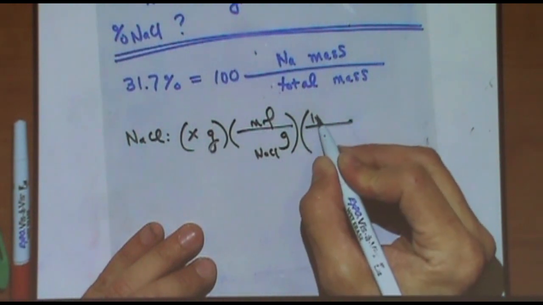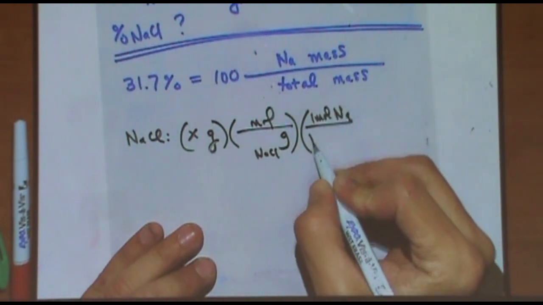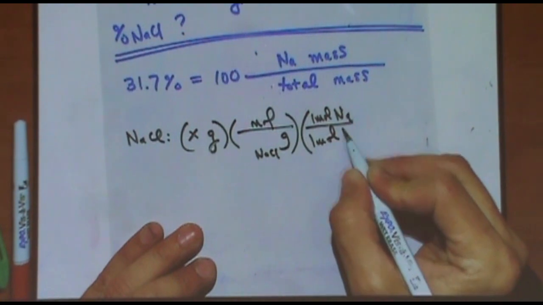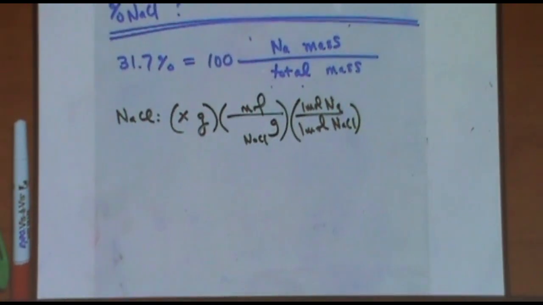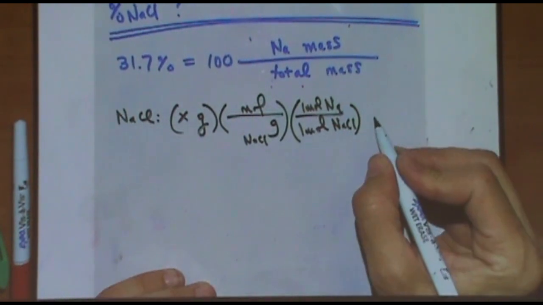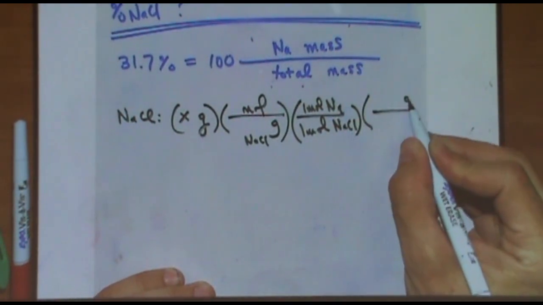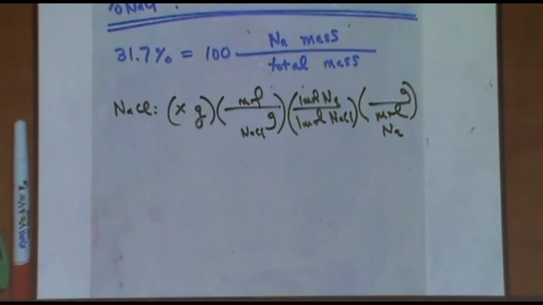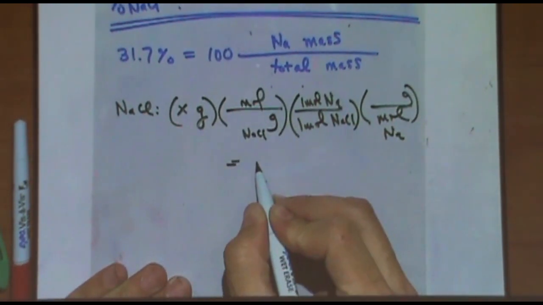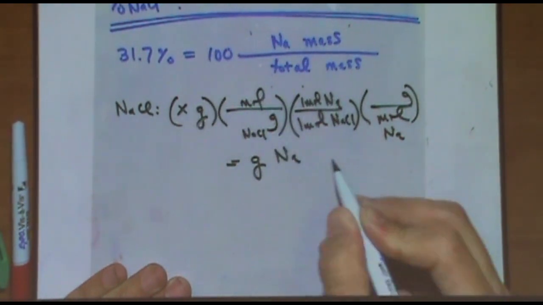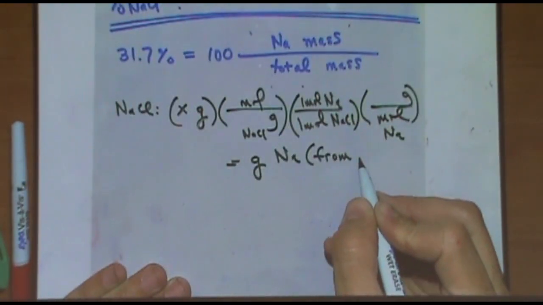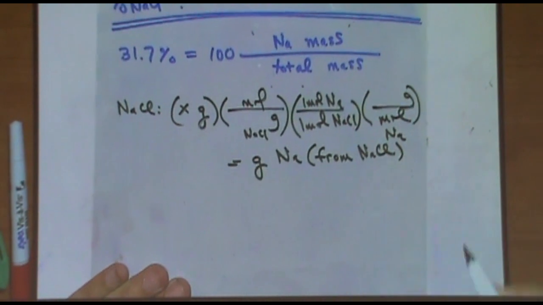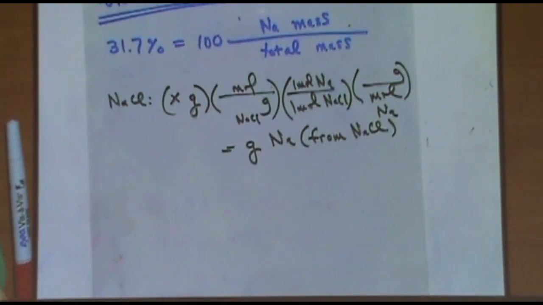And then there's 1 mole of sodium for every 1 mole of NaCl. Or in other words, there's 1 sodium in every sodium chloride. And then the molar mass of sodium to get to the mass of sodium. That's from NaCl. Is that okay? All right.